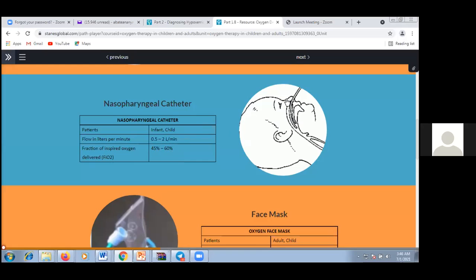Now we are administering oxygen much closer to the tracheal opening, and it is more concentrated as there is less dilution from atmospheric air. With the nasal prong, there is dilution of oxygen by the atmospheric air as it's far from your trachea and the lungs. So whenever you have an infant or child with nasal prong and saturation is not improving, you can consider a nasopharyngeal catheter as an option.